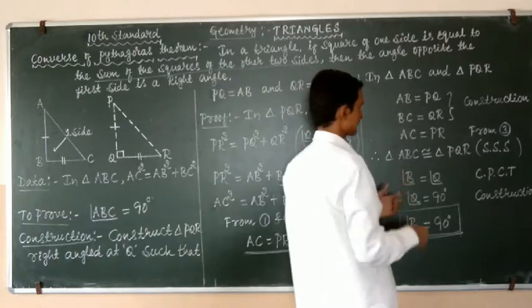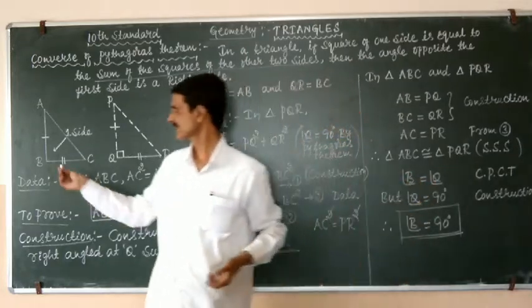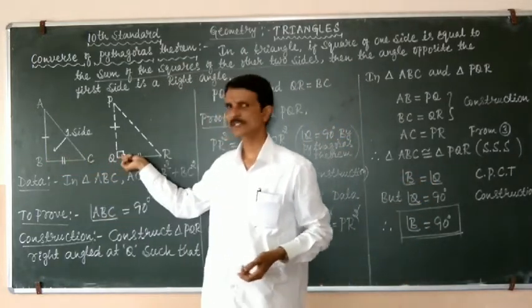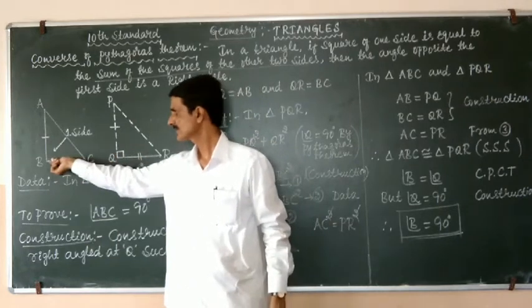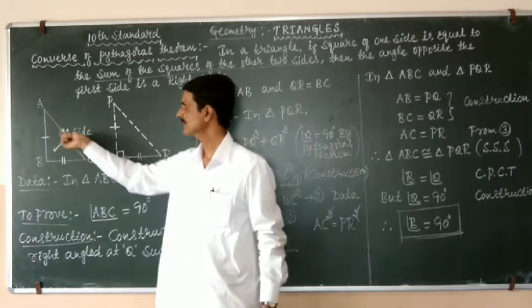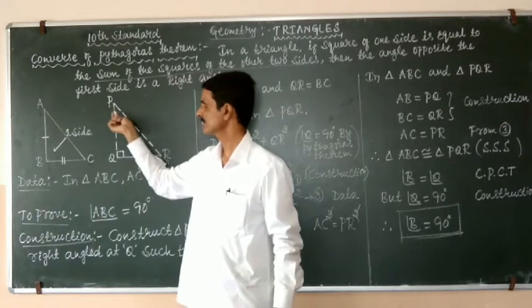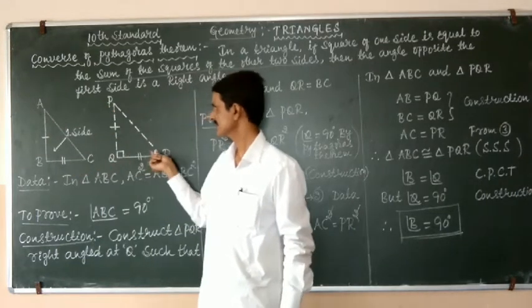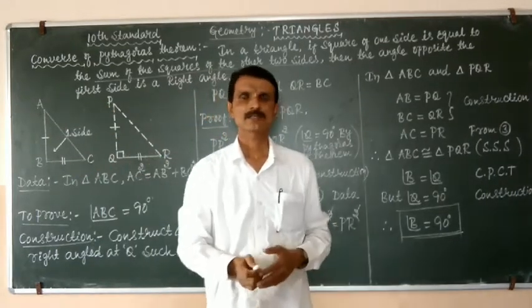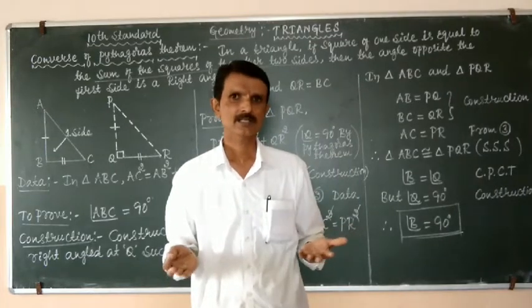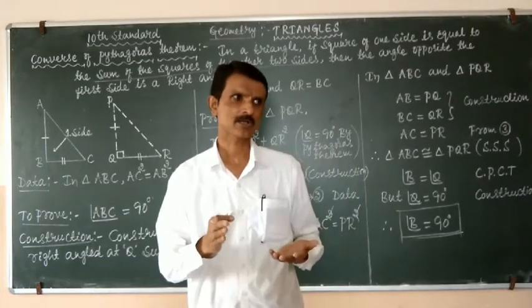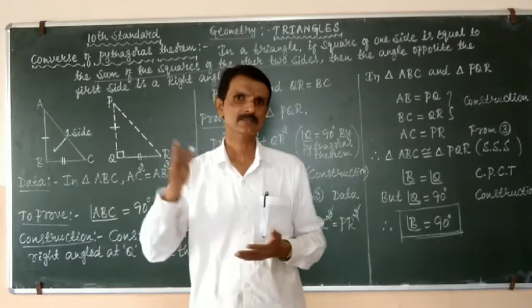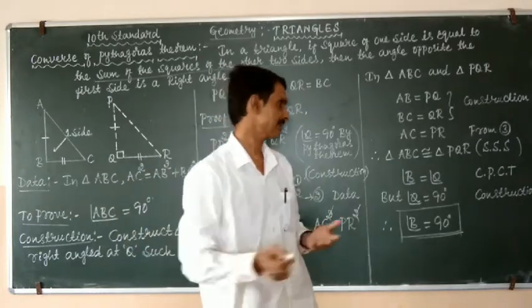Therefore we can write angle B is equal to angle Q, or angle A equals angle P, or angle C equals angle R, because they are corresponding angles of congruent triangles.